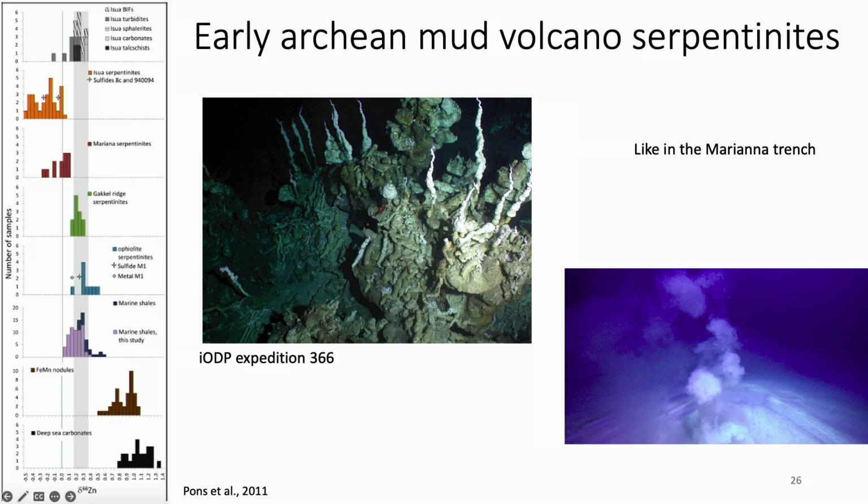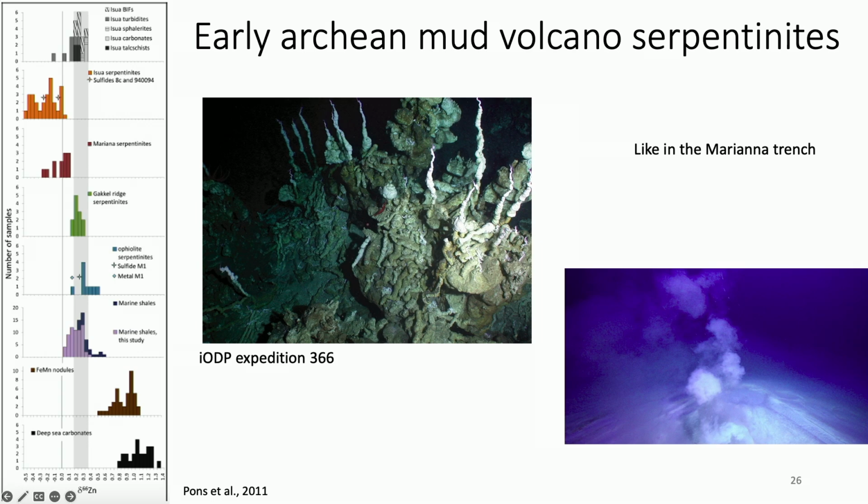What's important here? On the top here, you have a number of old rocks. Here you have the Isua serpentinites that have this signature. You have, for comparison, some serpentinites from the deepest subduction trench in the world, the Mariana Trench off the coast of Japan.